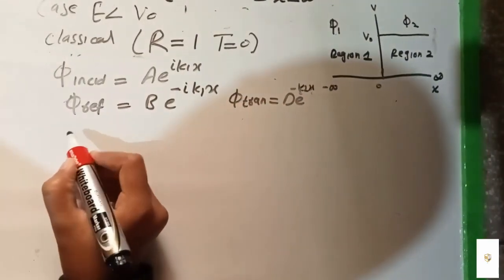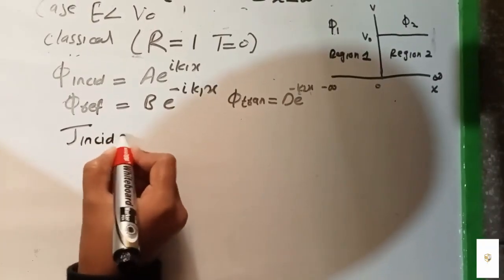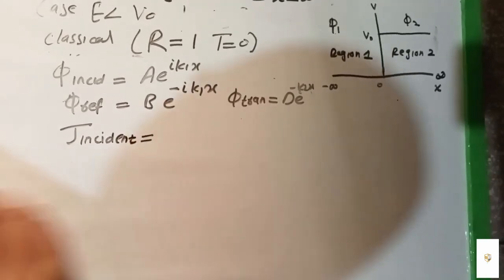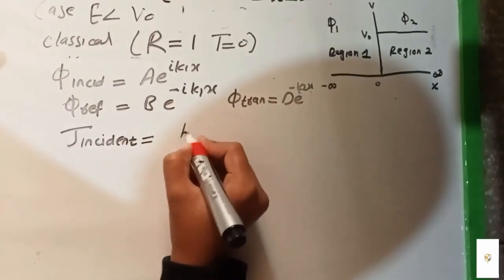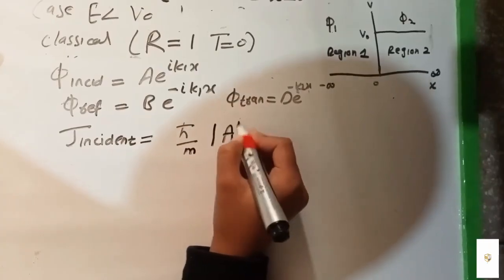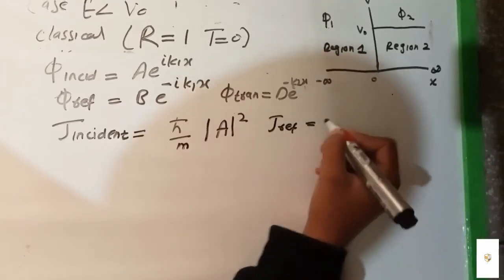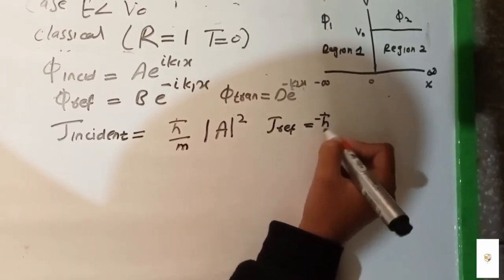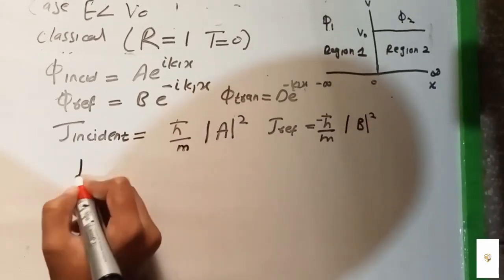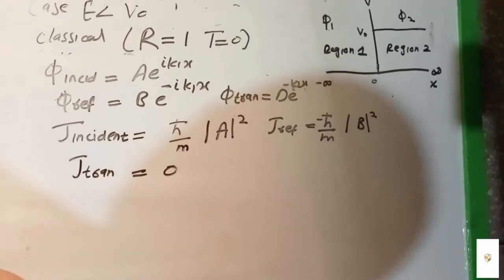And now we find J, which is the flux. J incident is equal to h cut over m modulus A square, and J reflected is equal to minus h cut over m modulus of B square, and J transmitted is equal to 0.